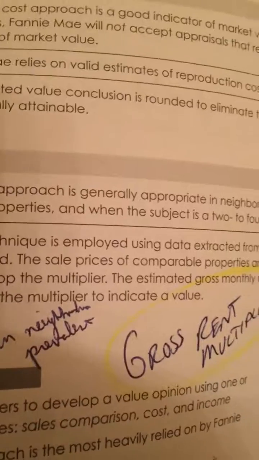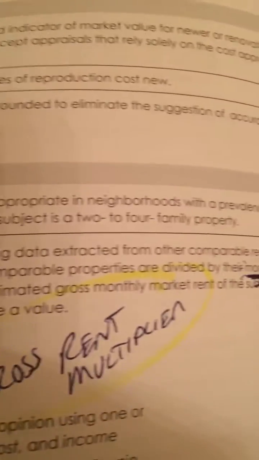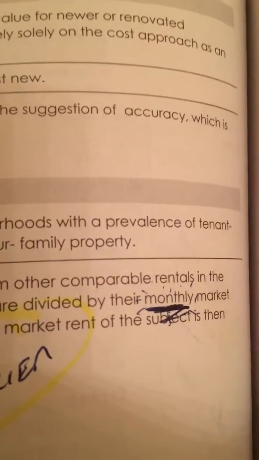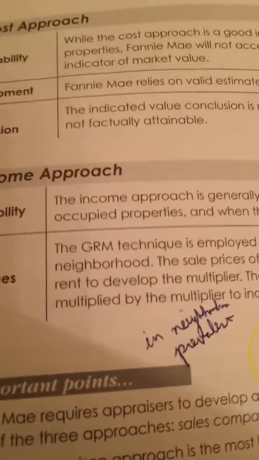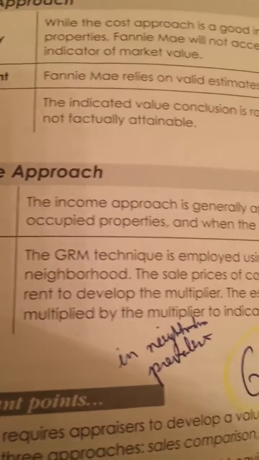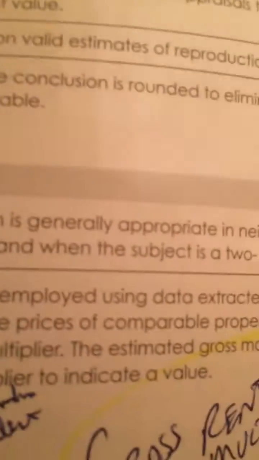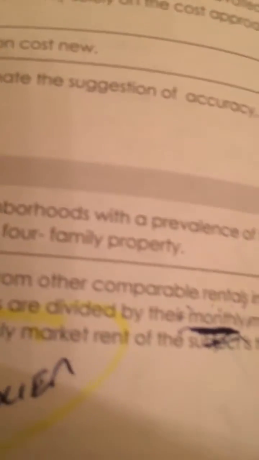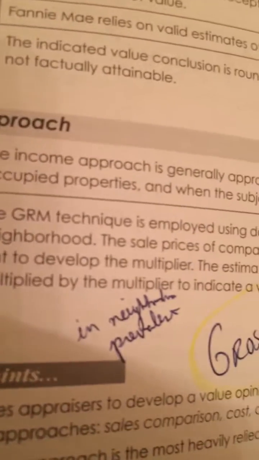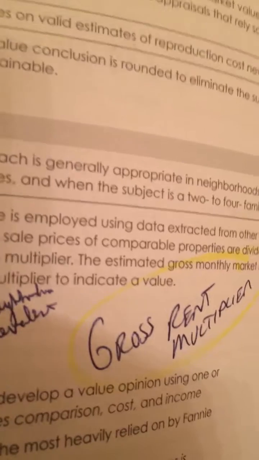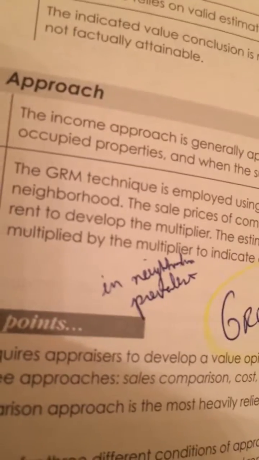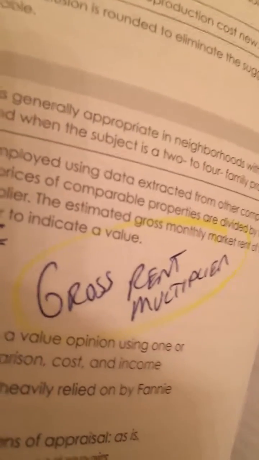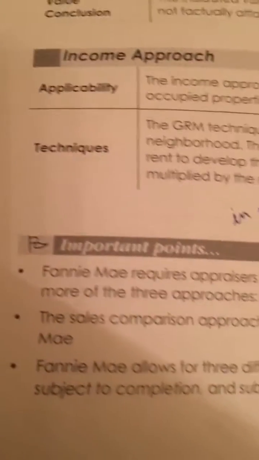The sales prices of comparable properties are divided by their monthly market rent to develop the multiplier. The estimated gross monthly market rent of the subject is then multiplied by the multiplier to indicate a value.